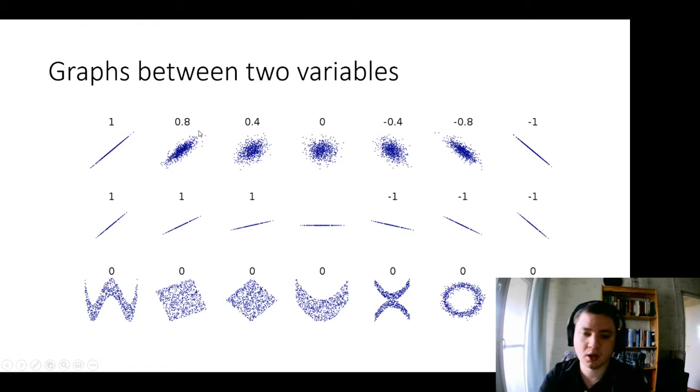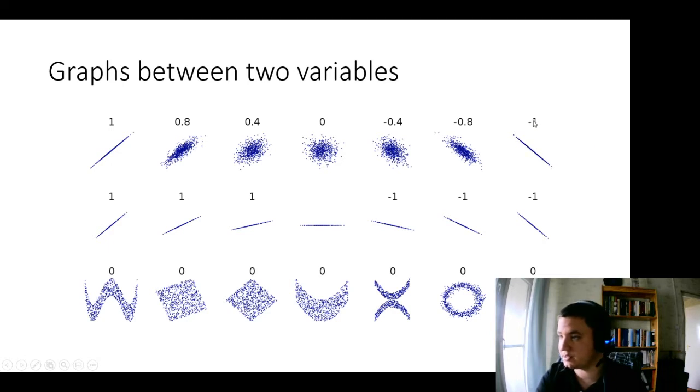But in nature, in the real world, we have a scattered view of these graphs, and this is also a very high relationship between the variables. And zero means that there is no relationship and no connection between the two variables.